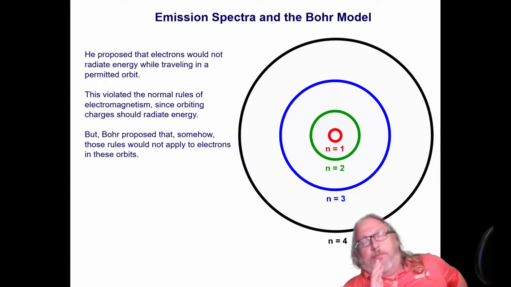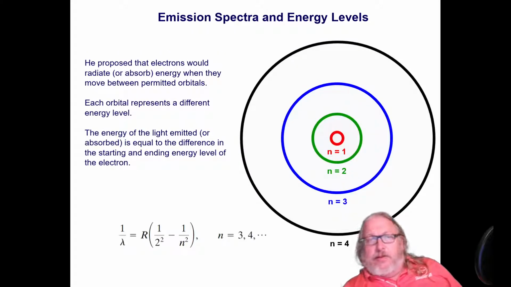But Bohr proposed that somehow those rules would not apply to electrons in these orbits 1, 2, 3, 4, 5, 6, infinity. He proposed that the electrons would radiate or absorb energy when they moved between the permitted orbitals. Each of these orbitals represents a different energy level.